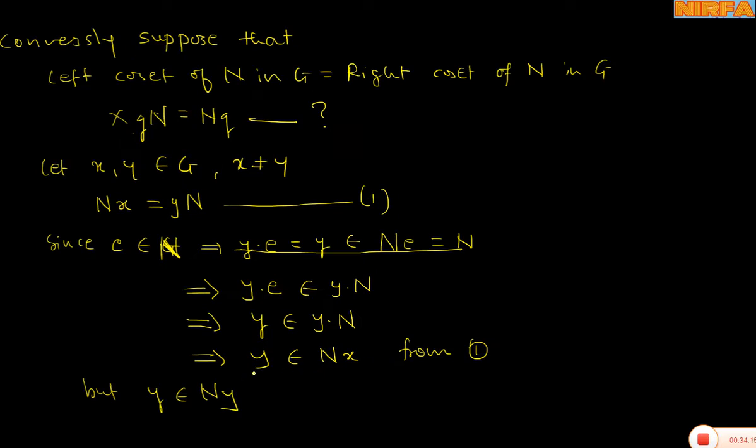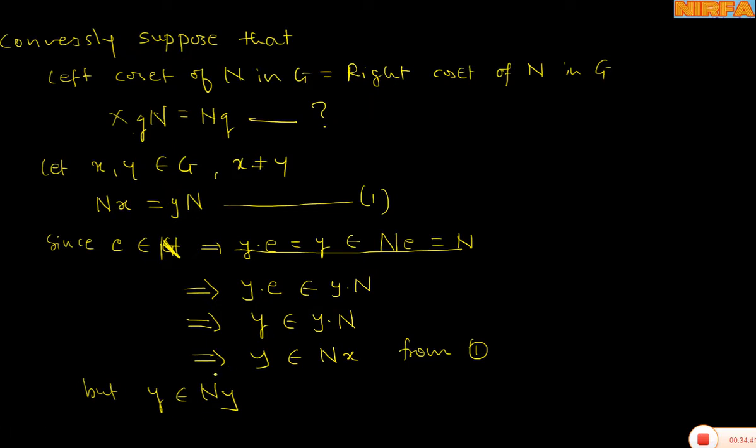That means there is no possibility to have only one element in common between these two right cosets. So I am observing that y is a single element which is common in this right coset and this right coset, and when this one is common, then nx, this right coset, and ny both are equal.